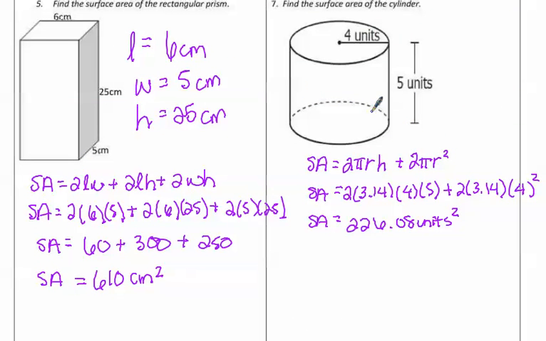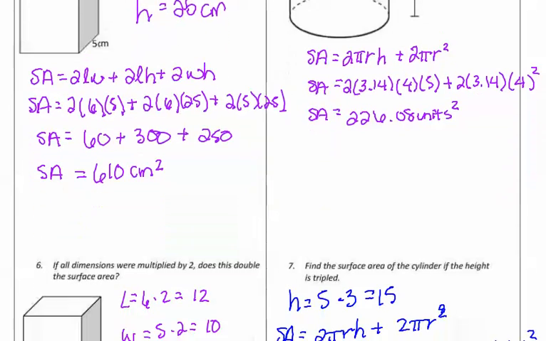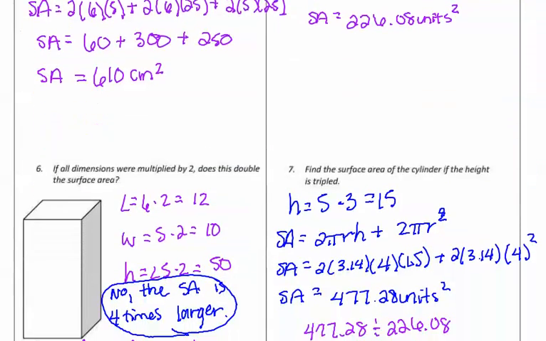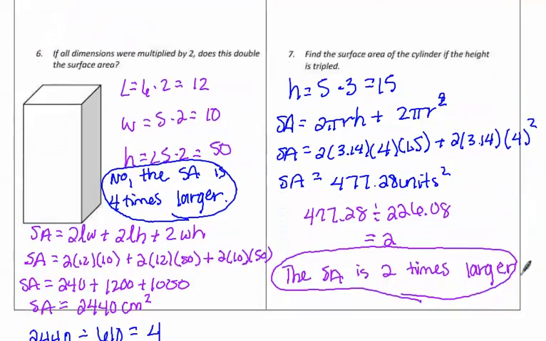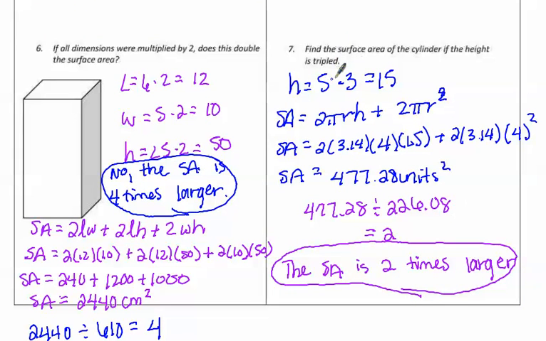On the cylinder, you get a surface area of 226.08 units squared. If you triple the height, you get 5 times 3, because triple you multiply by 3 equals 15.